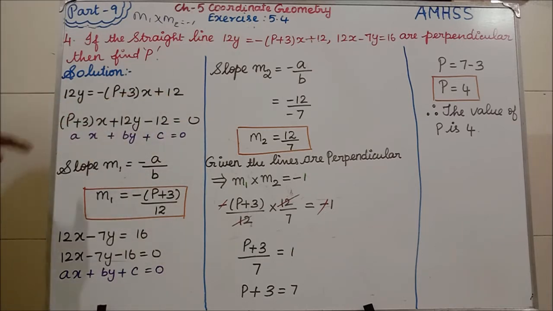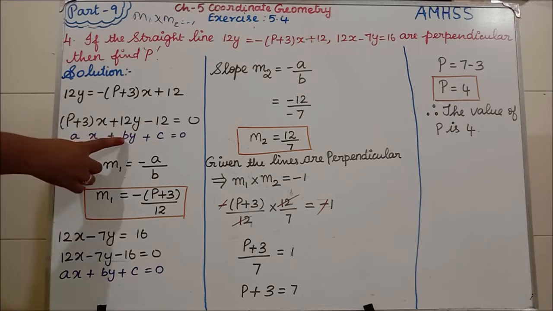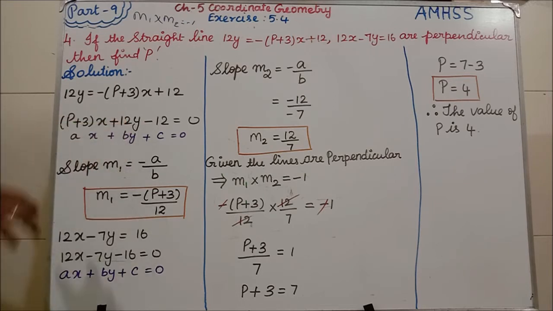Clear, students? We now know what A is. P plus 3 is our A. What is our B? 12 is our B. What is our C? Minus 12 is our C. Now, in this exercise, before when I started, I told you how to find the slope of the equation: m is equal to minus a by b. I told you, isn't it?